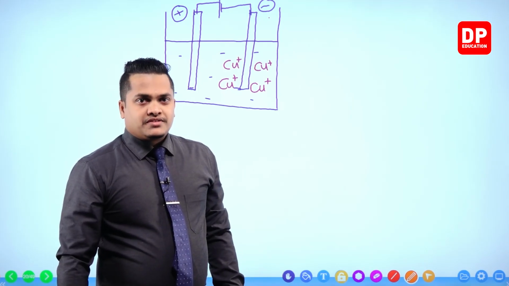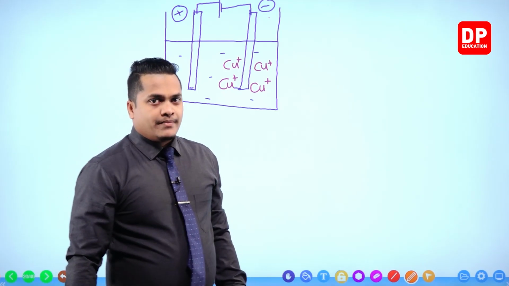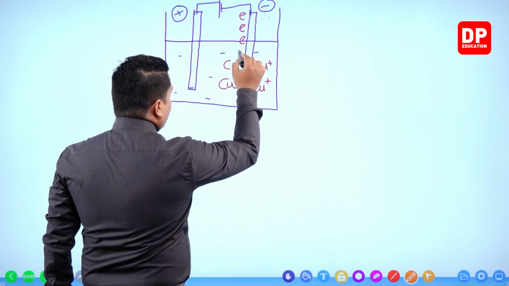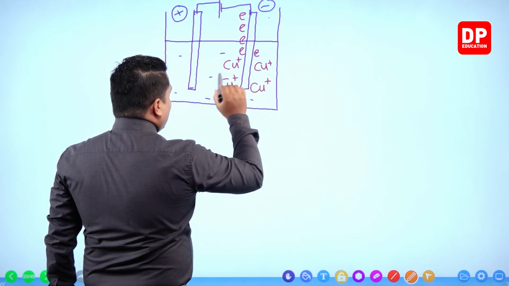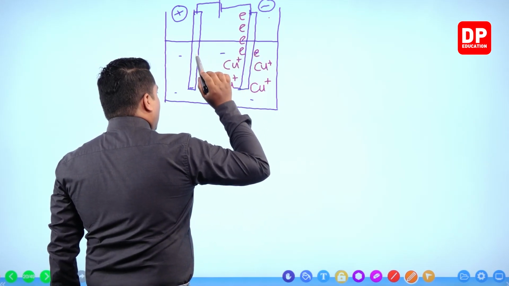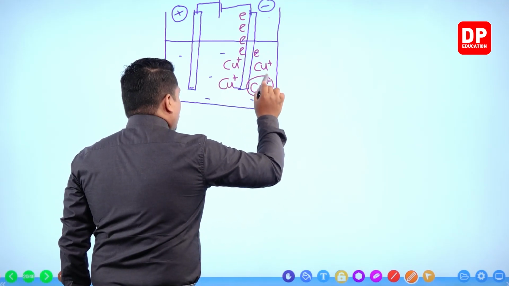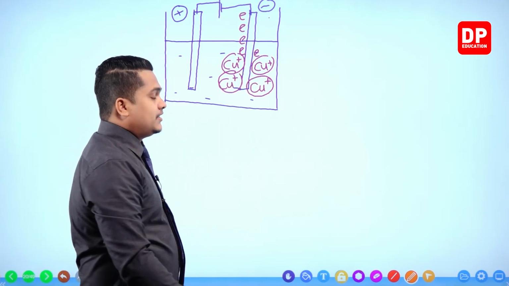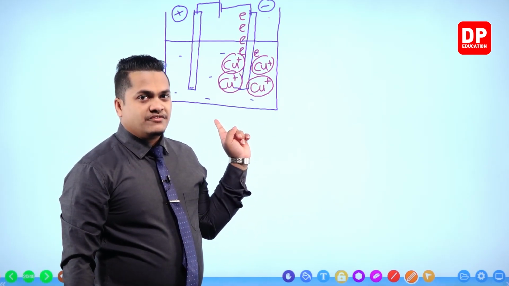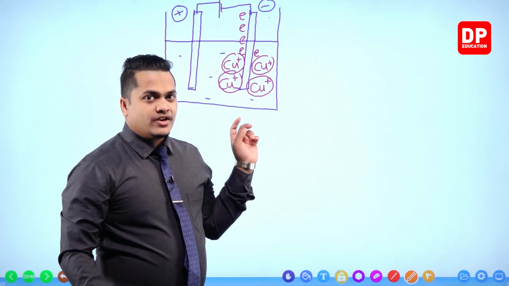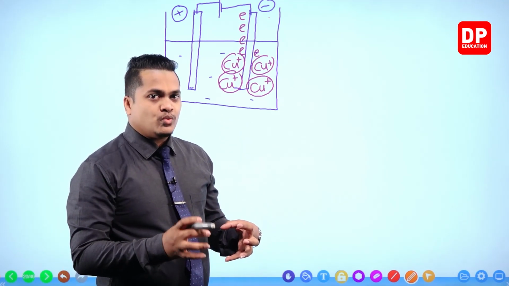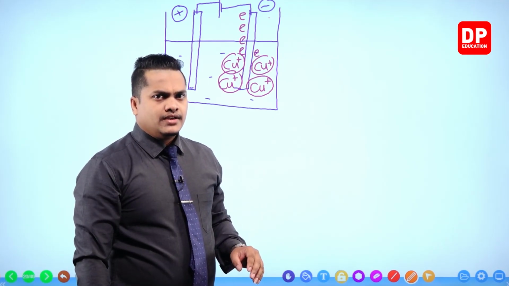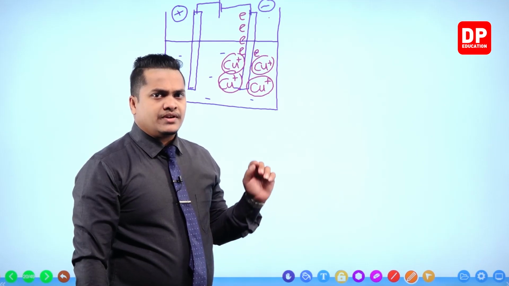Now you know, my dear children, what's going to happen. Electrons are coming through the negative terminal, and they will come in contact with these copper ions. It is the same thing I told you earlier: copper receives electrons which were once given to the sulfate. All electrons are identical, so there is no problem in receiving electrons from a different source.